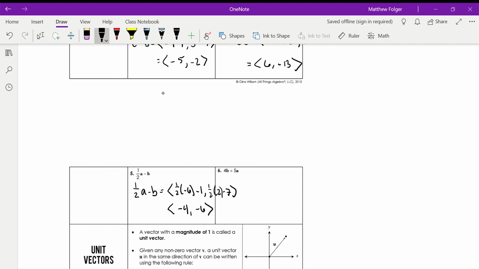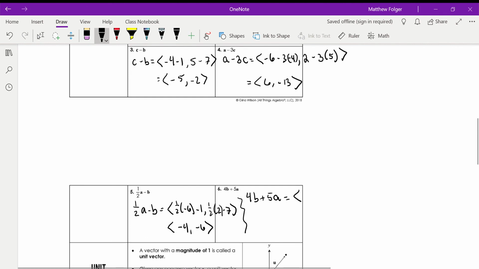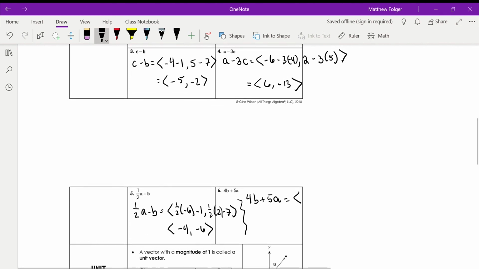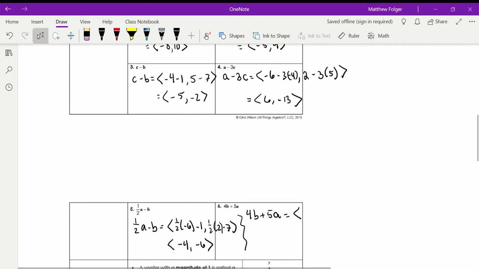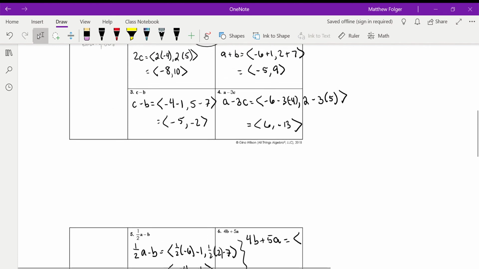All right, and then we just have one more. So 4b plus 5a equals. So do 4b plus 5a. Remember, the order of these is sometimes important, so make sure you write it that way. So let's use the first points in b and a.